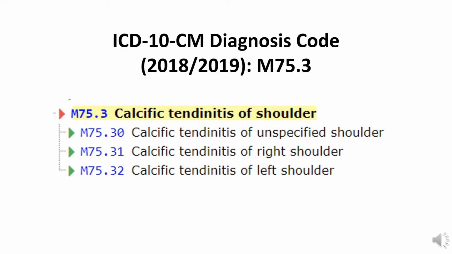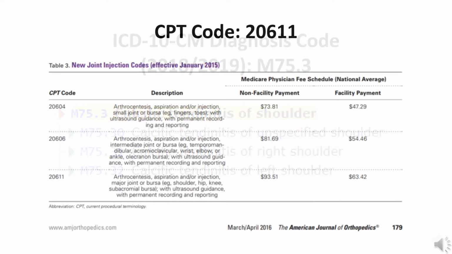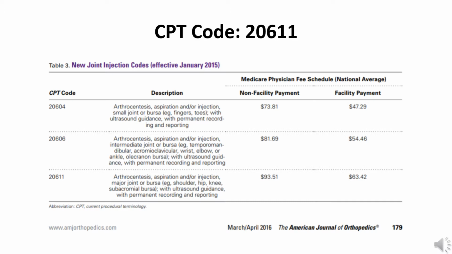Please note the ICD-10-CM diagnosis code of M75.3 for calcific tendonitis of the shoulder. Please note the CPT code 20611 for fenestration, arthrocentesis, aspiration, and injection of major joint or bursa, including the shoulder, hip, knee, and subacromial bursa, under ultrasound guidance.